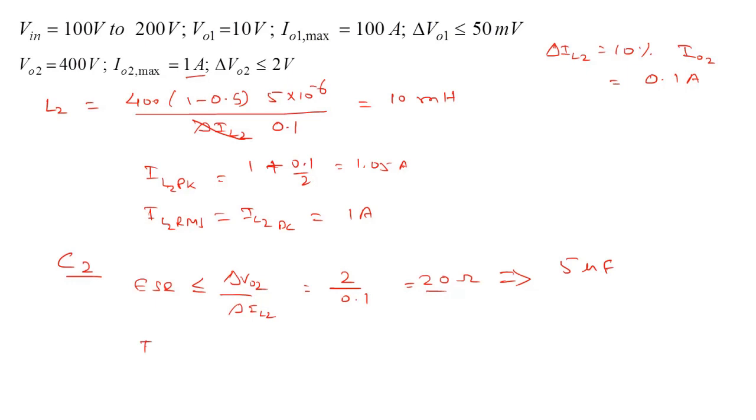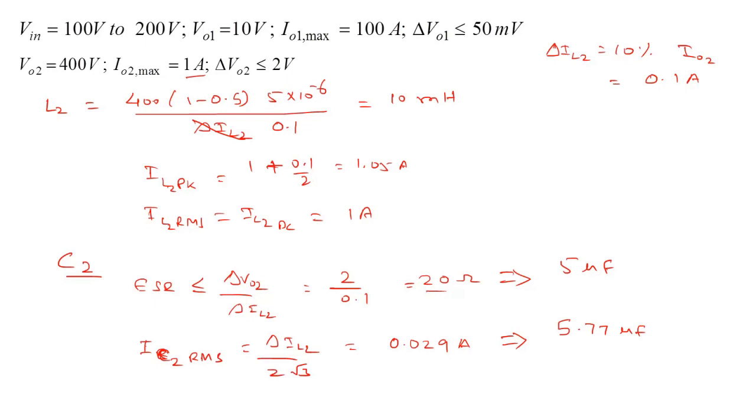The IC2 RMS would be delta IL2 over 2 square root 3, so 0.1 over 2 square root 3, a very small value, 0.029 amperes, and this would require your capacitance. Actually, this is slightly different, 5.77 microfarad. Okay, so basically IC RMS divided by 5000 gives you 5.77 microfarad.